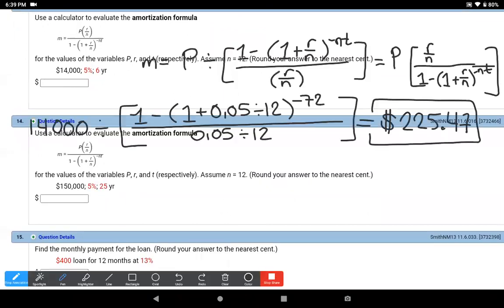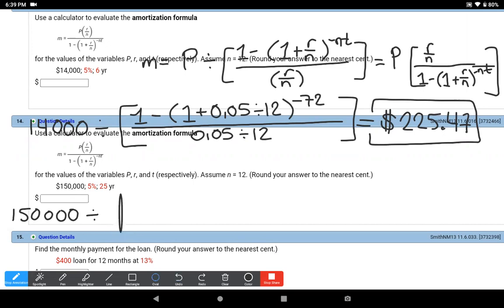So check, we evaluated, right? Here, we're going to do 150,000 divided by, and I'll show you what I'm typing into the calculator, right? That might make it easier.